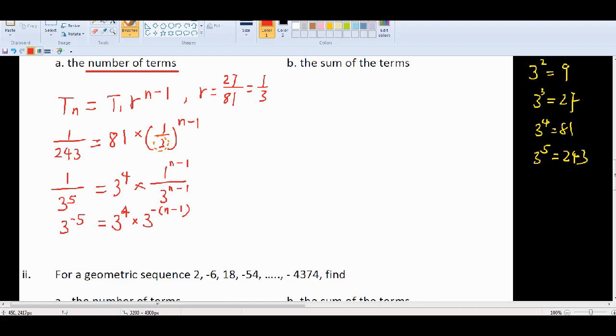If you remember, 1 over something to the power becomes that thing to the negative of that power, okay? So that means we have minus 5, 4 minus n. If I remove the bracket now, it becomes plus, right?